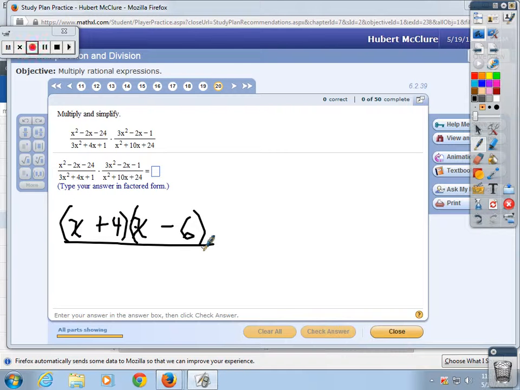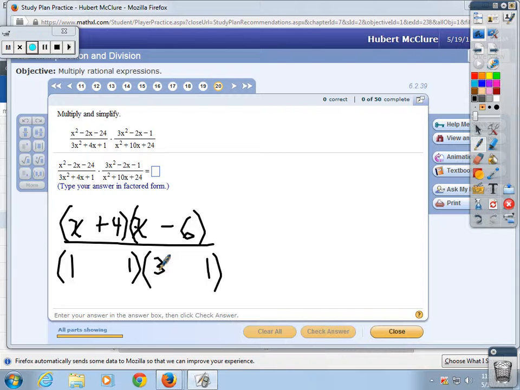Shortcut, nope. Reverse FOIL. I can't mess that one up. And then a 1 here and a 3 here.